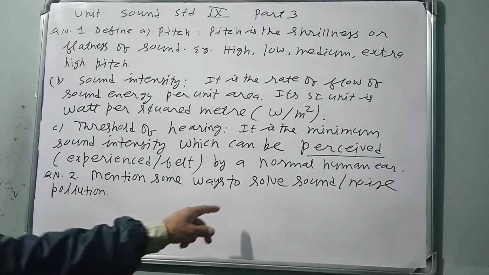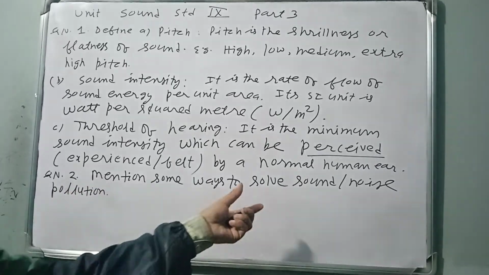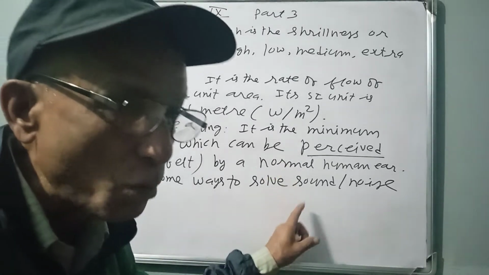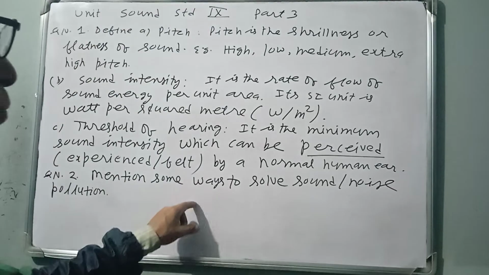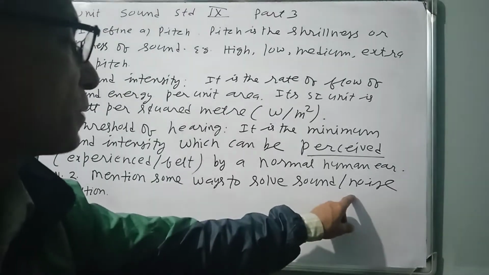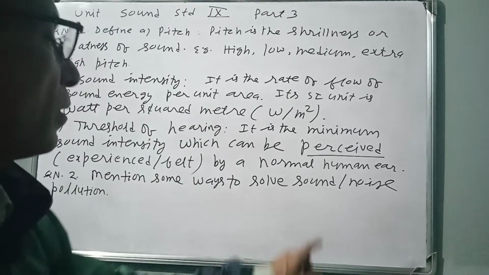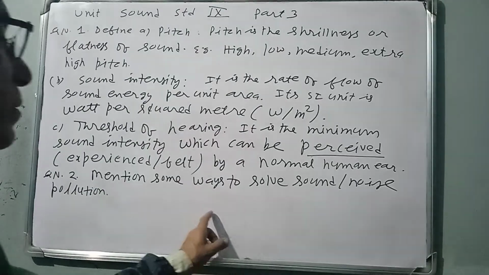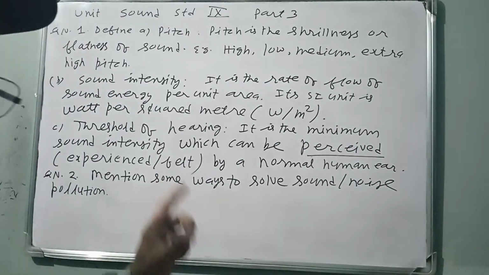Here, instead of writing what is noise pollution, because it is very easy: noise pollution is the addition of unwanted sound to normal sound. Some sources are very loud sound, car horns, old factories, old vehicles, and unnecessary advertisement.